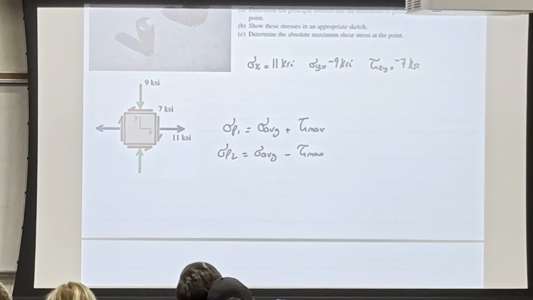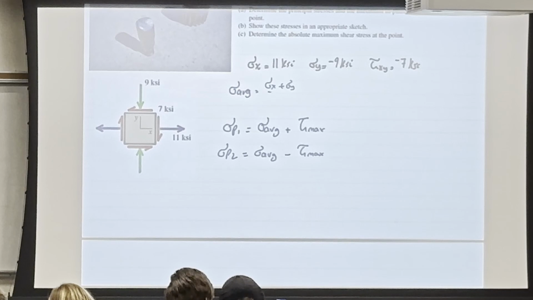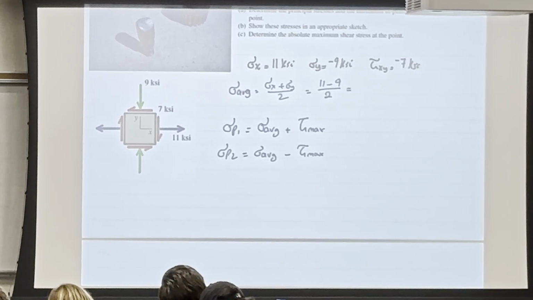Now I want to find the sigma average. What was the sigma average? It was (sigma x plus sigma y) over 2, which is the average stress. You're going to find that (11 minus 9) over 2 is equal to 1 ksi.